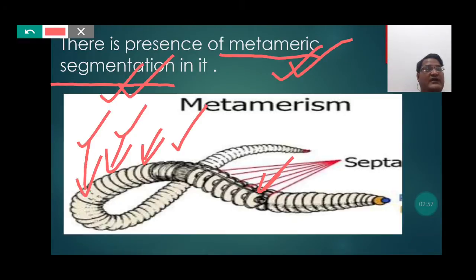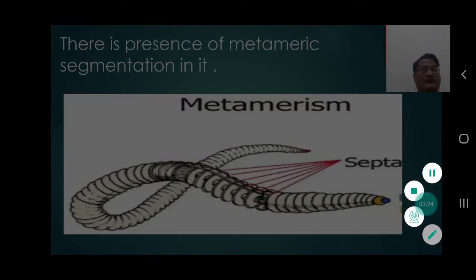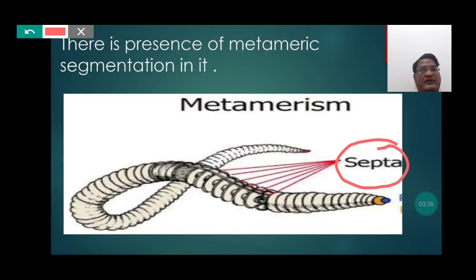Since metameric segmentation is one of the identifying features of the organisms belonging to Annelida. So students, earthworm is the most important example of Annelida. If you concentrate on this picture, you can notice that a huge number of septa remain present on the earthworm.